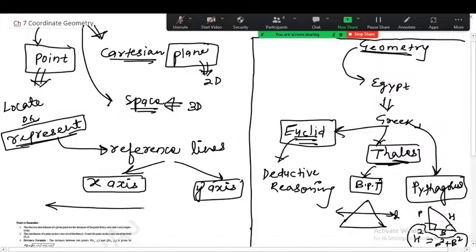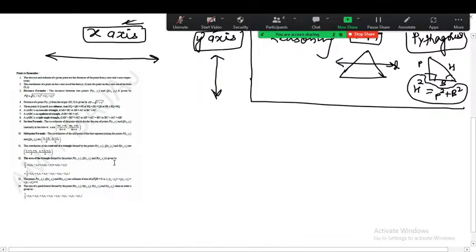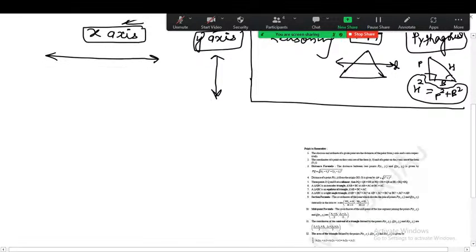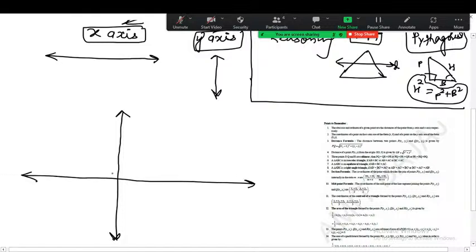The x-axis is simply a horizontal line and the y-axis is simply a vertical line, and they are mutually perpendicular in a coordinate geometrical plane. In a Cartesian plane, we consider them mutually perpendicular in the same way as I have represented here. They are making 90 degrees.